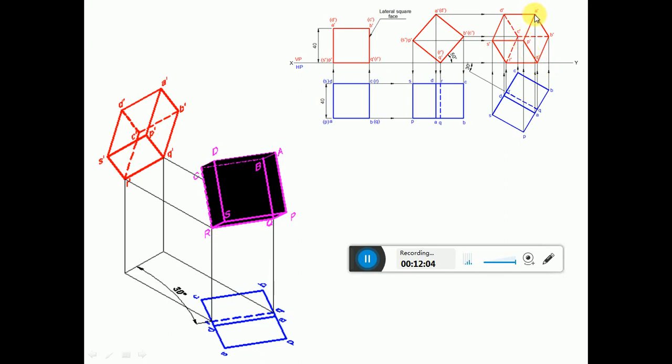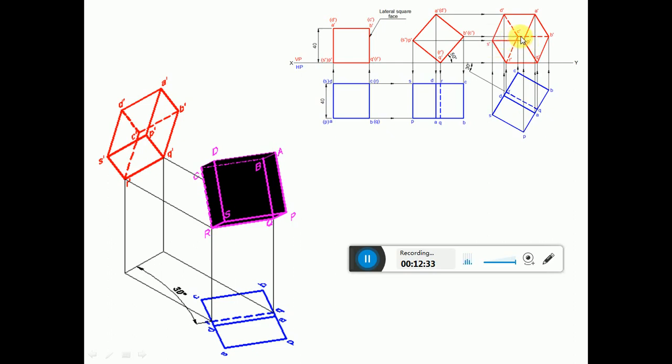So you dark them. Once you dark this line, similarly now if you see, C dash B dash is crossing the visible edge A dash P dash. So naturally C dash B dash is going to become invisible, because two visible edges can never cross each other. Similarly, if you consider C dash R dash, here C dash R dash is crossing the visible edge P dash S dash.